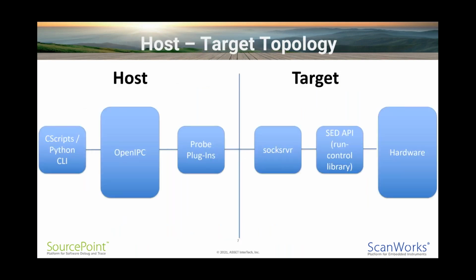Looking at that host-target topology at a lower level of detail, on the left-hand side we have the Windows PC, what we call the host, running the Intel CScripts, for example, and the associated Python command line interface.